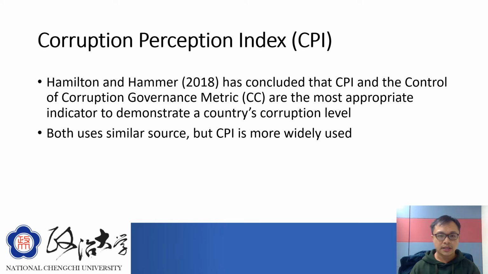But if you look at that paper, you will find that CPI and CC have very similar elements. They're very similar in calculation after all, but for this research, I would just use CPI to simplify, because CPI is more widely used when we're talking about corruption measurement. Also, for the simplicity of this research and limited by its scale, I will just fix on CPI.